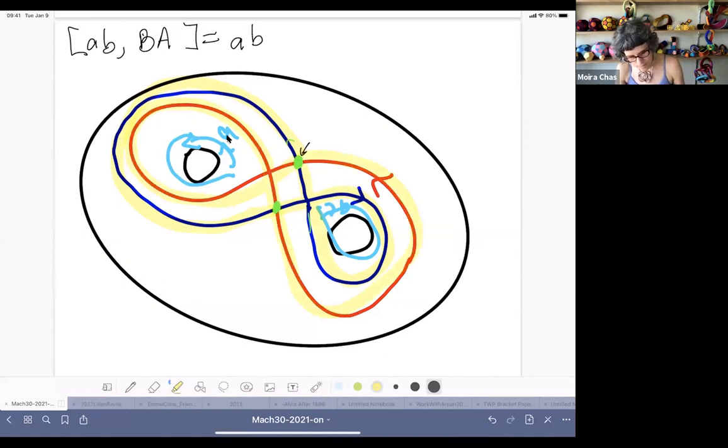Sorry, this is my private notation. I use capital letters, so this is A inverse, and this is A inverse, B inverse. I use capital because I put this in the computer, and it's much easier to put capital letters than bars. And then the next one will be BA, BA.